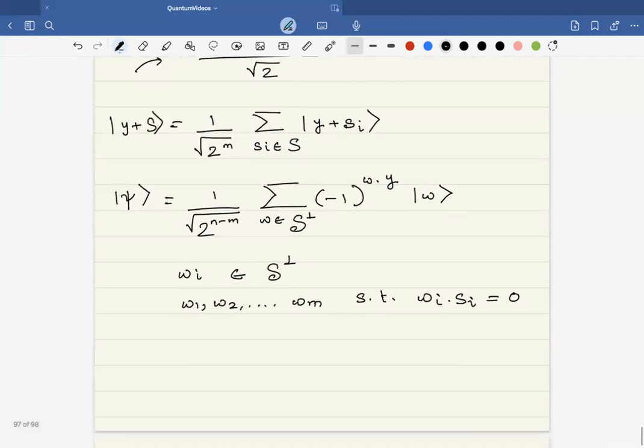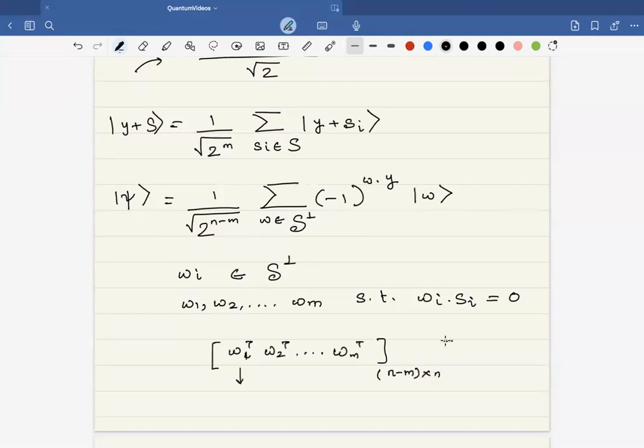And then what you have is a set of linear equations: W1 transpose, W2 transpose, Wm transpose. So this is an n minus m cross n-dimensional matrix.